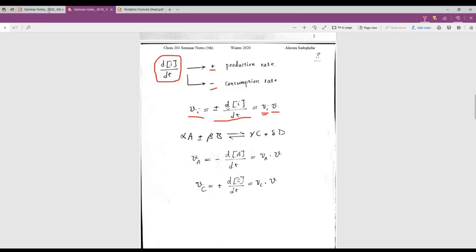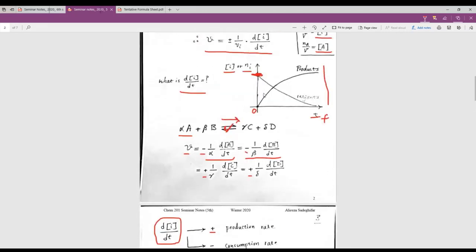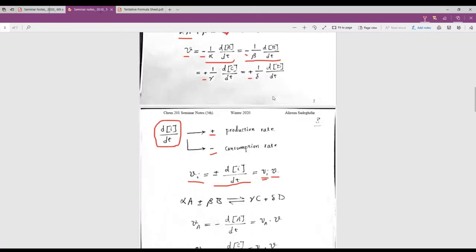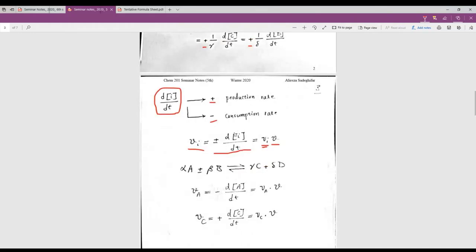If we go back to this graph, if I is a reactant, then the slope is negative. So this ratio then is negative. This slope here is negative. We have to multiply it by a negative sign to get a positive rate. So that's why by convention, they use this negative sign for the reactants. The positive sign is for products. For products, the slope is already positive.